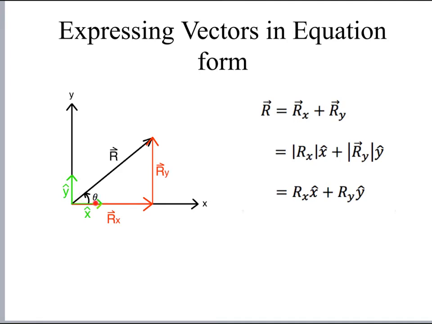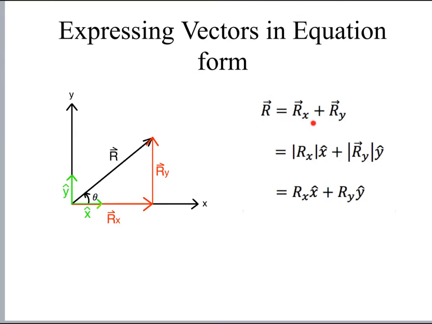But these unit vectors point along the x-axis and the y-axis respectively. And so I can see that my rx vector, which is the x component of the total vector r, is going to be some length of rx in the x hat direction. So if I look at my equation that I had previously, r equals rx vector plus ry vector, that's the total r vector there.